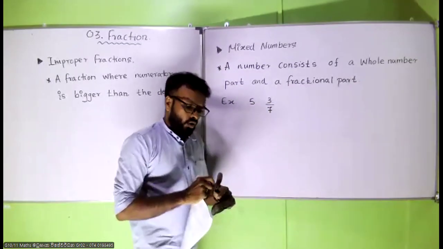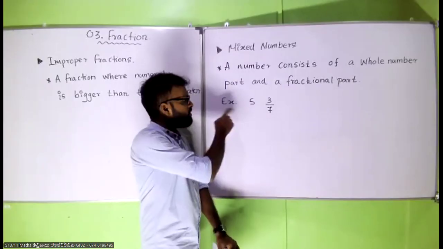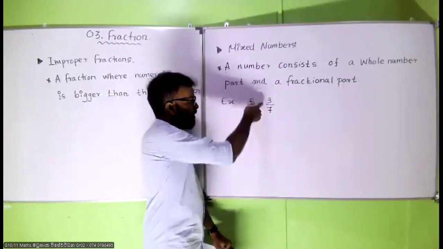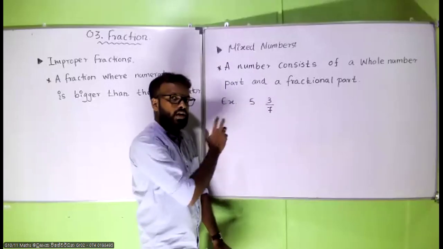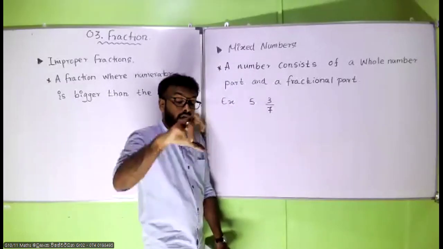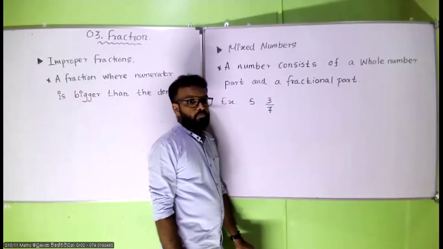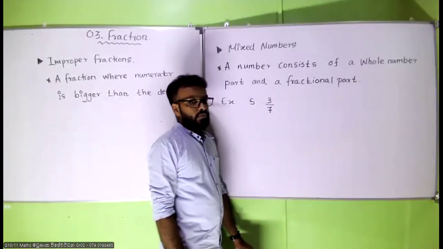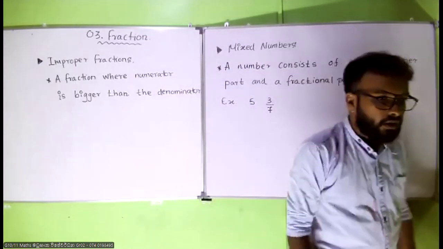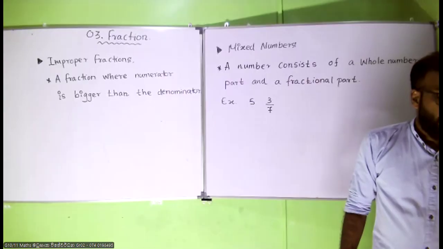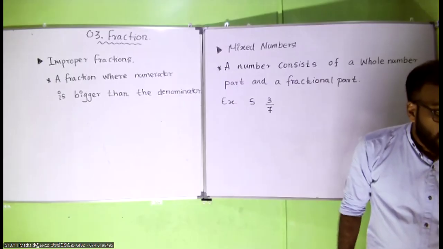Right. Can anyone tell me how to read mixed numbers? How are you going to read this mixed number, whole number part and fractional part? Or just type how to read it. Okay, so Sadhanu is saying 5 times 3/7.